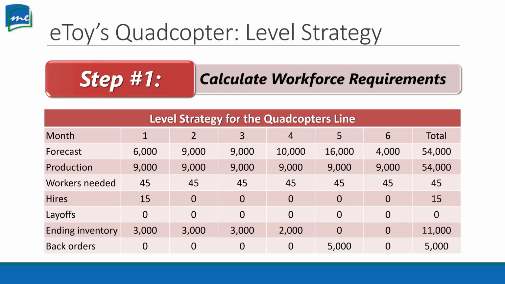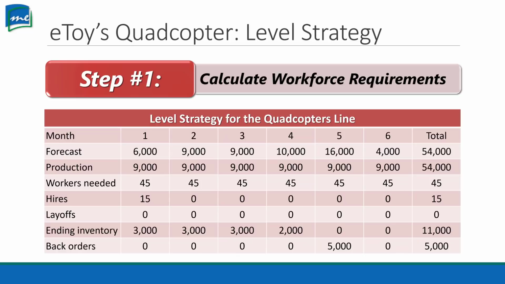So we're going to need 45 workers for this whole time period. We're only going to hire 15 in the beginning. And then there's our ending inventory, because at the end of every time period, we're going to have extra inventory sitting on hand. So that's going to cost us some money. And then back orders, because we didn't produce enough that month, are going to hurt us too.